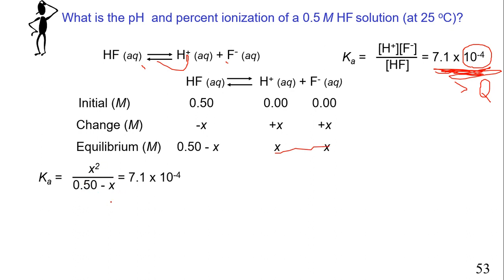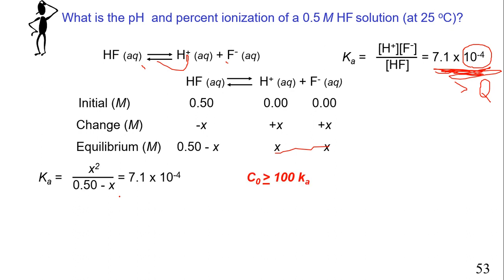You don't really have to put this ICE table every time, to be honest with you, especially if it's just a weak acid on its own in water. Right away, you could say Ka is x squared over initial minus x. You could even apply the other equation immediately, but we're going to do this for now. Again, I'm doing it the long way, and later on you're just going to see me applying the other equation, which gives me the pH immediately. But initially I want you to do it the long way.